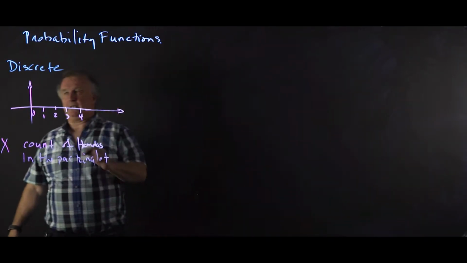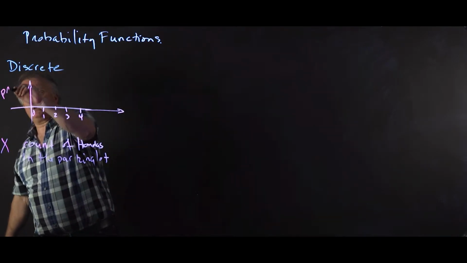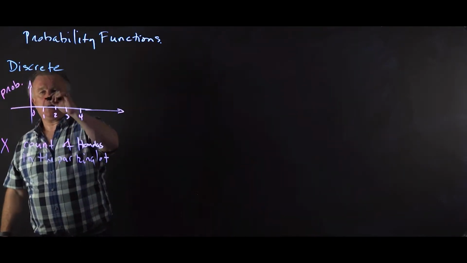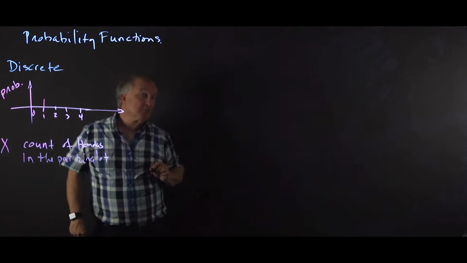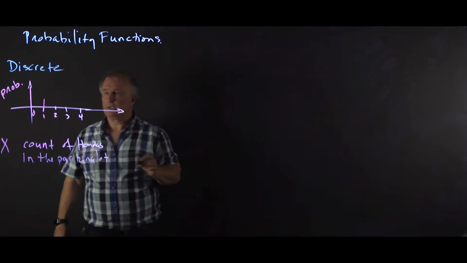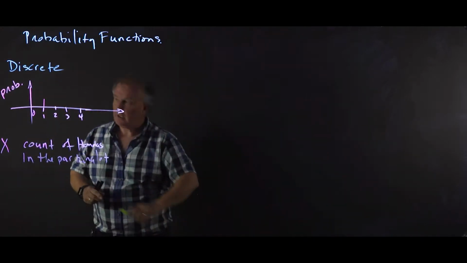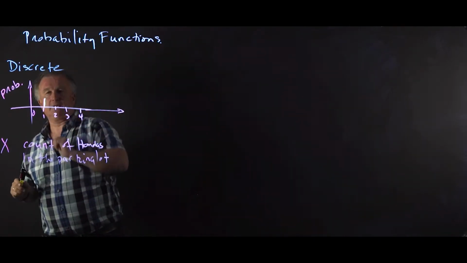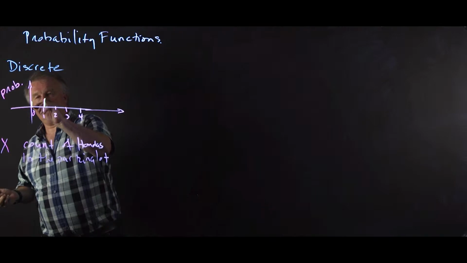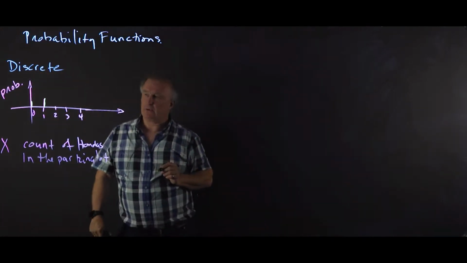And so what I might find out is that if I have probability on the vertical axis, I might have a 10% probability that there's just one, and maybe a 5% probability that there's none.